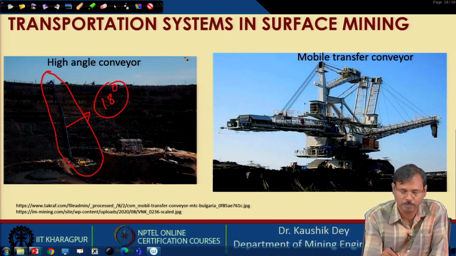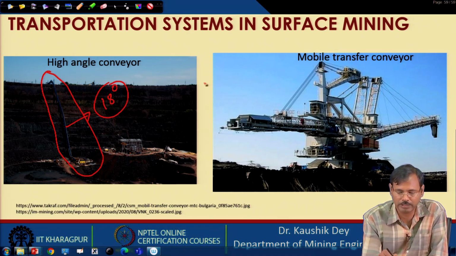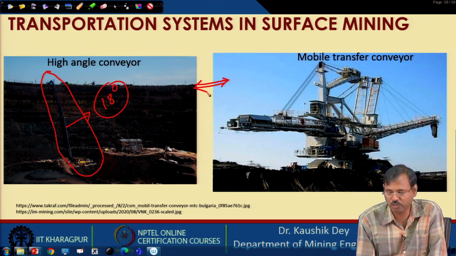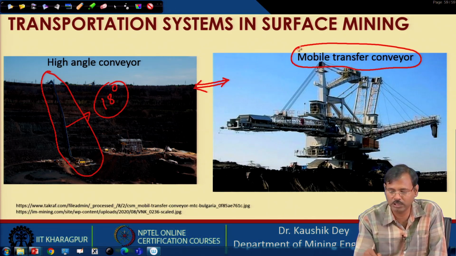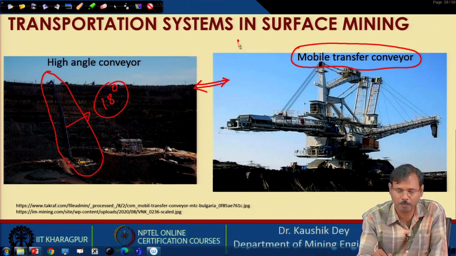If one machine is operating, and as the machine is moving, between that machine's operating phase and the main belt conveyor phase, we have some flexible conveying system. So, these mobile transfer conveying systems are very flexible, with high mobility.